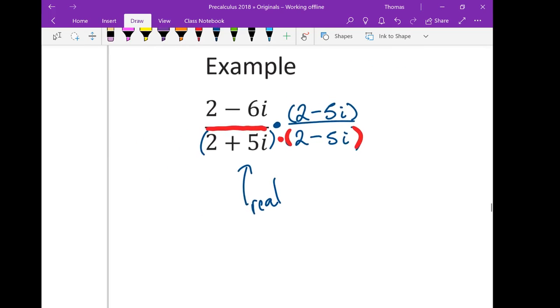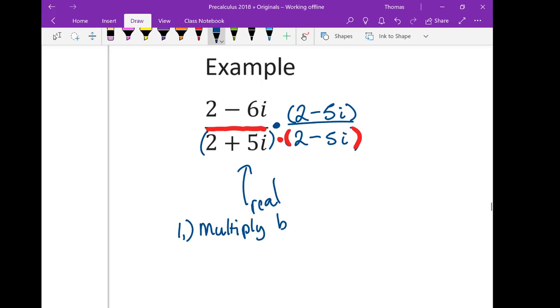So this setup will be important in all division problems. Anytime we see a division problem, we want to do step 1. Multiply by the conjugate of the denominator.